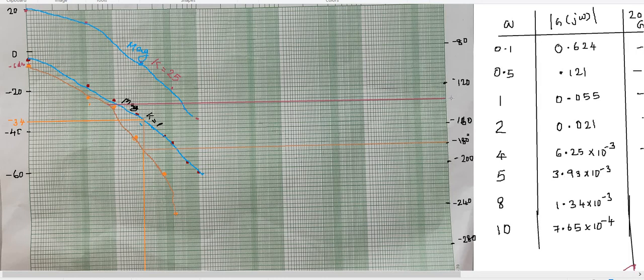So at minus 135, what is the frequency? Frequency at minus 135 is 0.9.